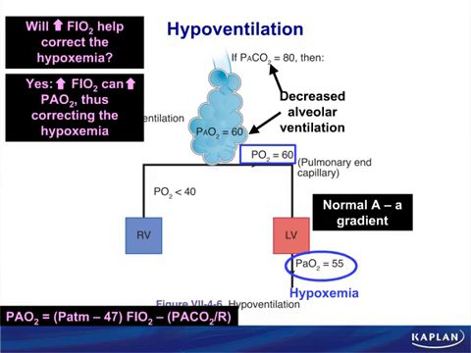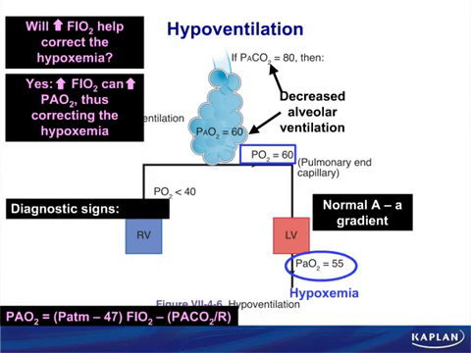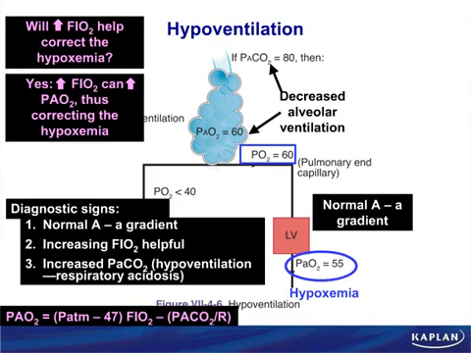So key diagnostic signs for low alveolar PO2 causing hypoxemia: you'll have a normal AA gradient. Increasing FiO2 is helpful. Most likely on step 1, the low alveolar PO2 will be the result of hypoventilation. We can recognize that because CO2 will be elevated. The patient will have a respiratory acidosis.